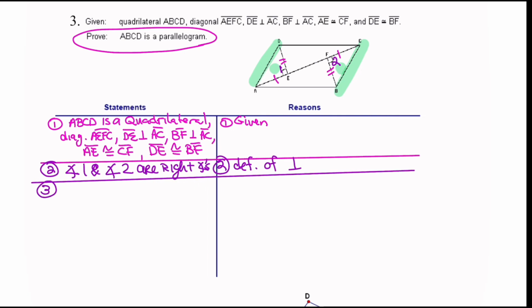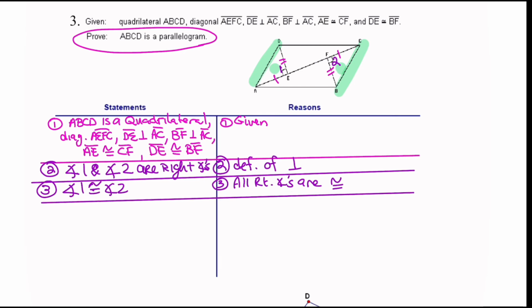Next, we're also going to say that angle 1 is congruent to angle 2 because all right angles are congruent.